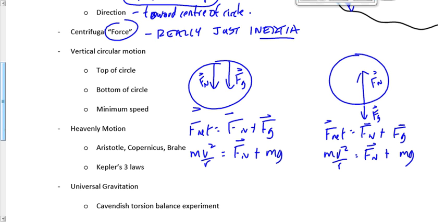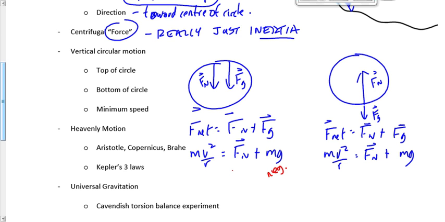Now we've got to worry about signs, positives and negatives. When you're at the top of the circle, which way does gravity act? Down. So let's make that a negative value. Not when we're writing out the equation, but when we sub in the numbers, let's make it a negative value. When you're at the top of the circle, which way does the normal force act?